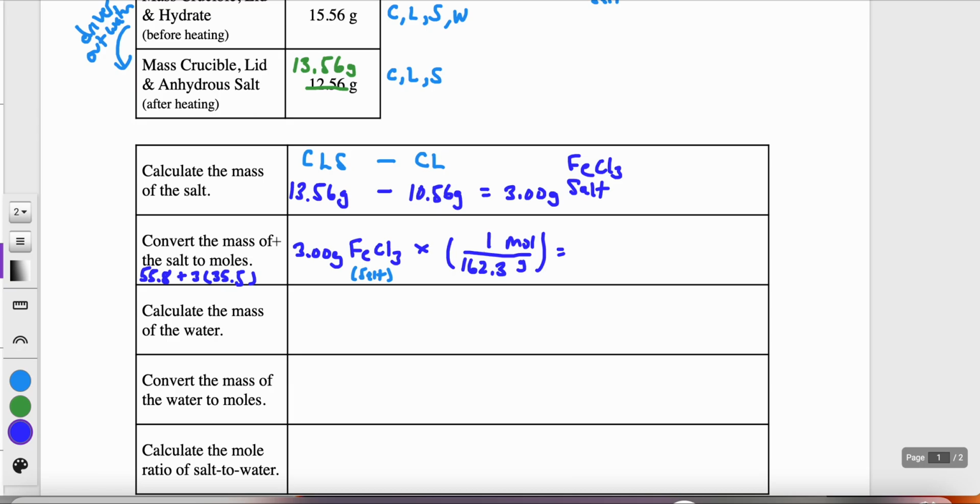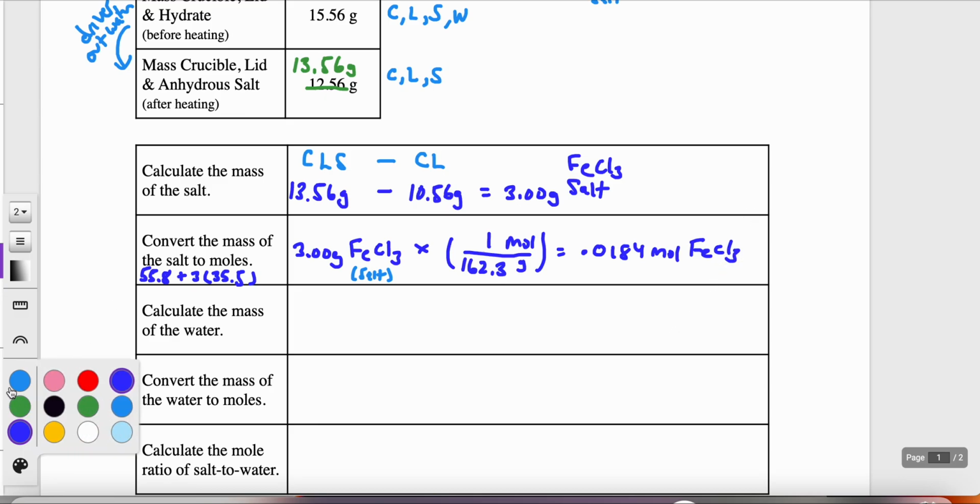So when I do the math, 3.00 divided by that GFM value, I need to record the number of moles with 3 sig figs because my mass has 3 sig figs. And the number of moles is 0.01848 moles of that FeCl3 salt.